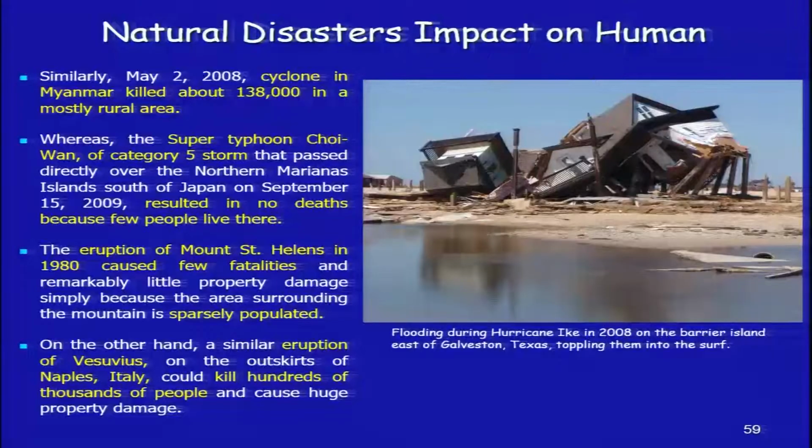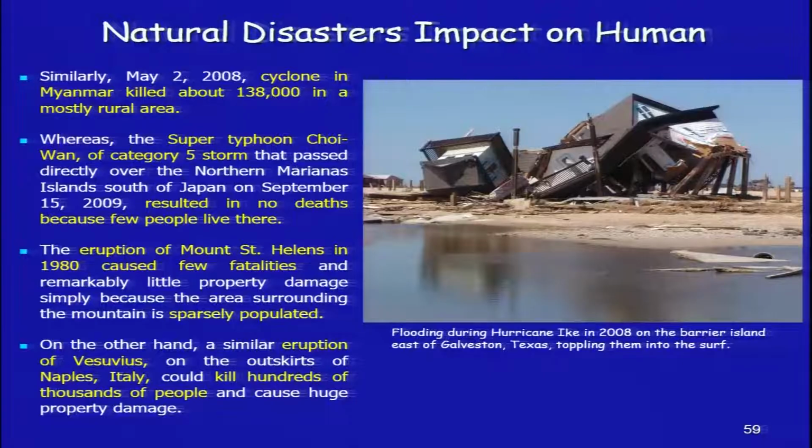Along with the magnitude, the type of process, either flood, cyclone, earthquake, or tsunami, and how many people are going to be affected is very important. And for us, we are overpopulated, and it will be extremely important to understand each and every process or natural hazard which we are experiencing.